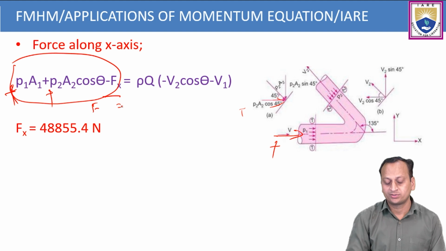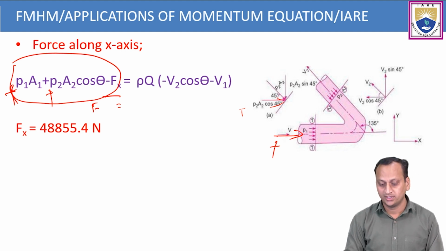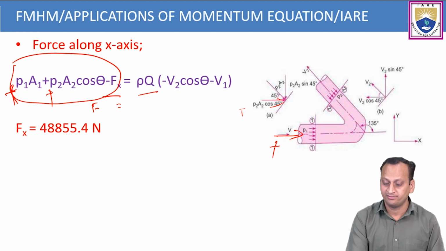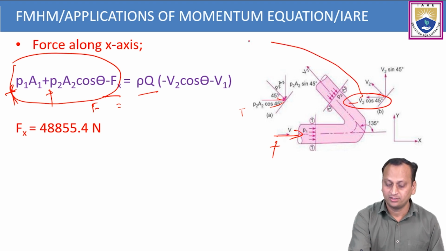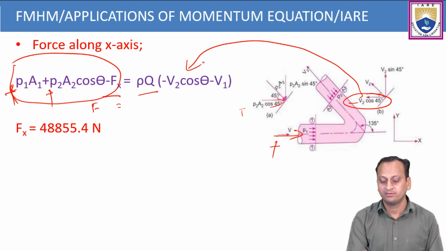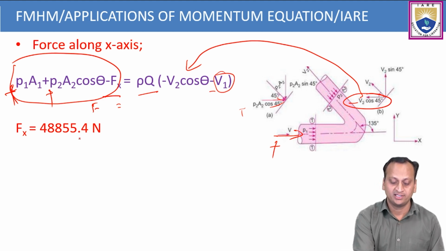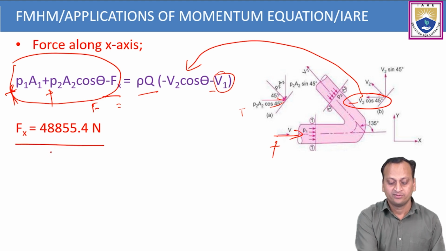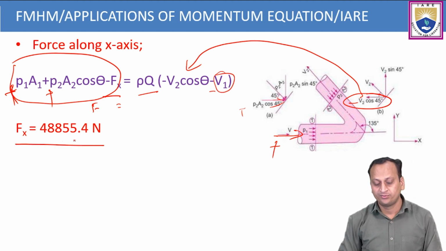This equals the net force, which is the rate of change of momentum, rho Q, this is the mass flow, times the final velocity minus initial velocity. The final velocity is moving in the backward direction, therefore negative, minus V2 cos theta, minus the initial velocity. From this Fx is 48855.4 newtons.